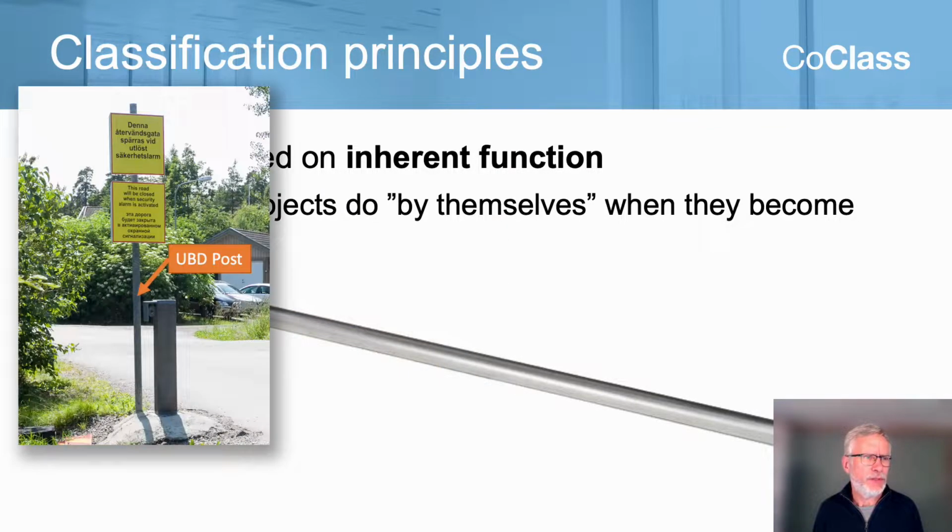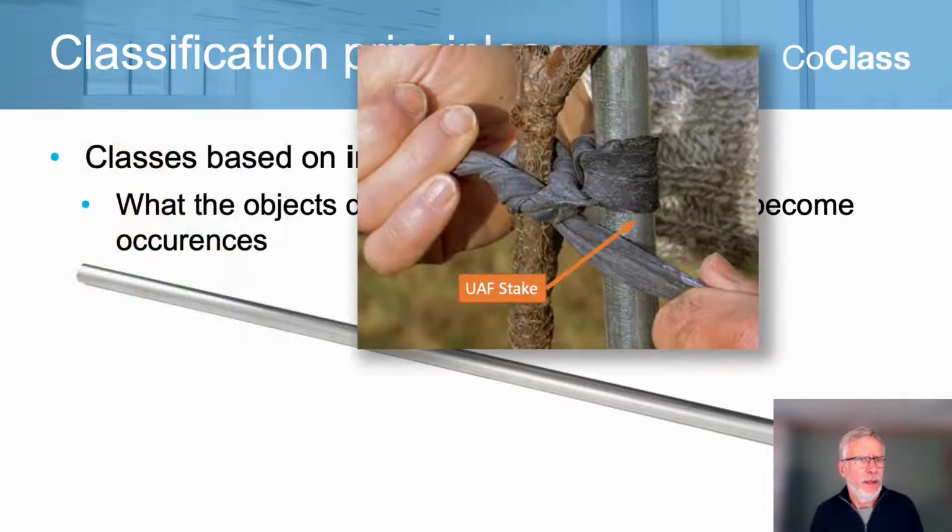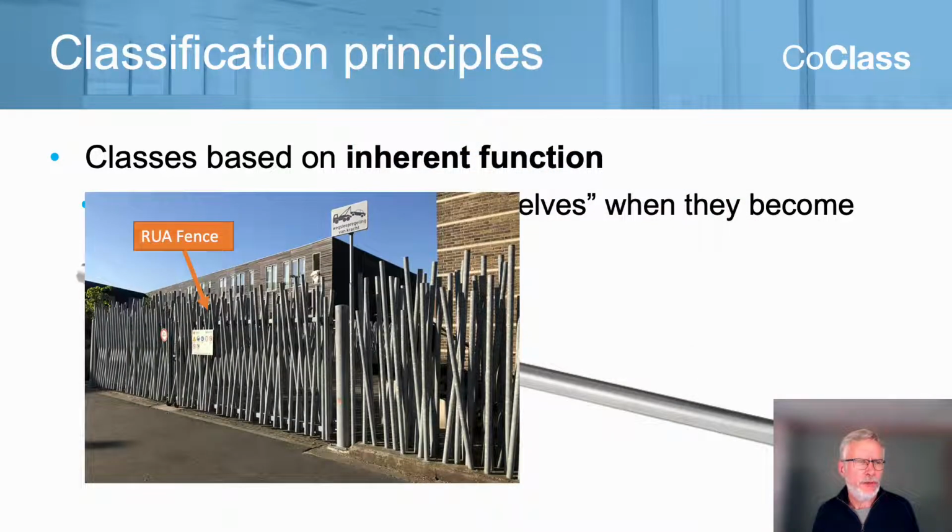But you can also use the pipe as a post, a UBD, defined as something that lifts something up and keeps it steady. You can use it as a stake holding a tree in place, but you can also use pipes to construct something, for instance a fence, RUA fence, a dividing, a blocking thing.